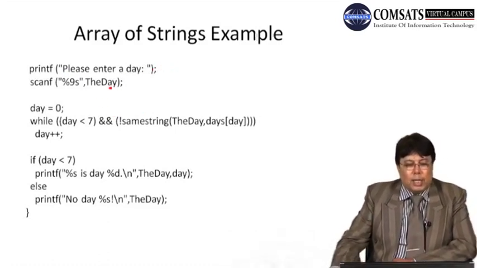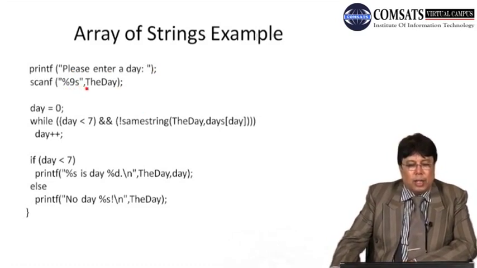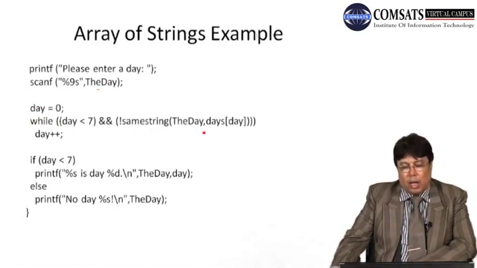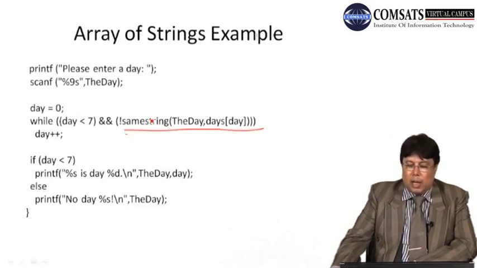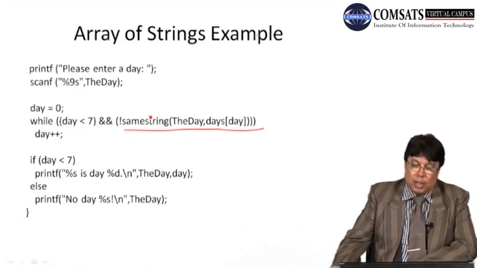In this example we can say, please enter a day, and I can restrict the size so that not more than 9 characters should be typed for the day. Then while the day index is less than 7, we are going to compare it, not with the built-in string compare, but with the day comma day. This is very interesting. We are comparing two strings, but we are not using the system's built-in string comparison.